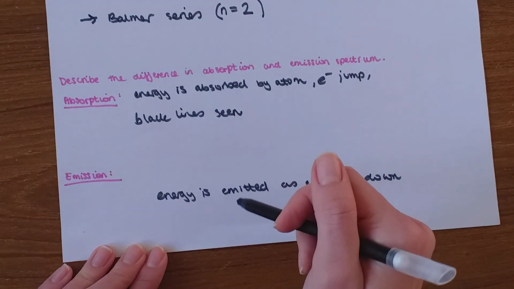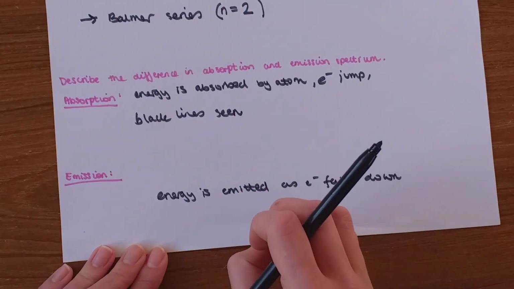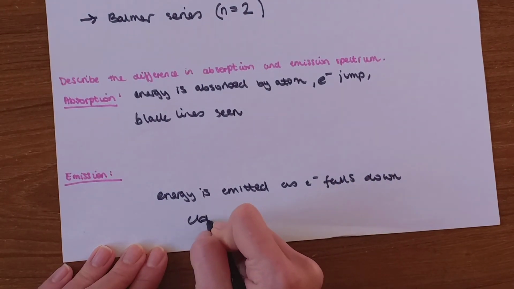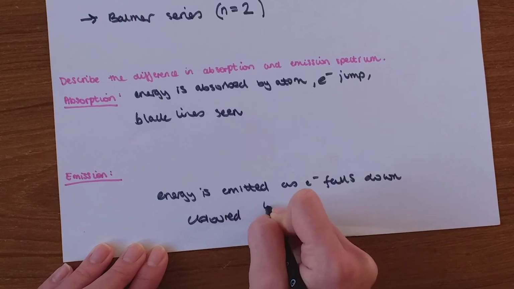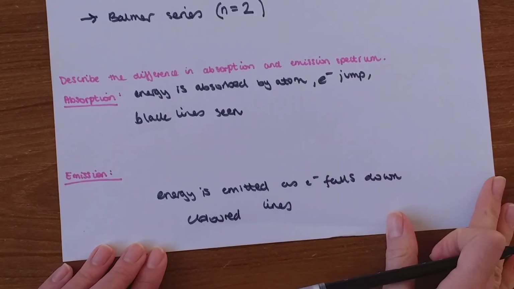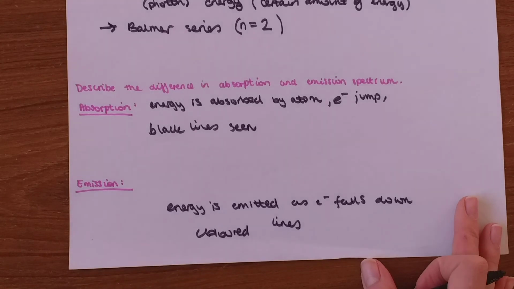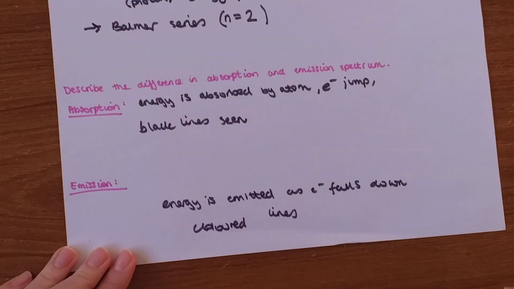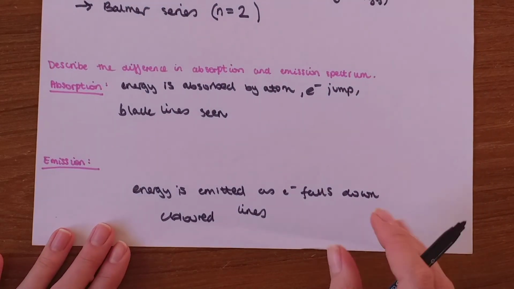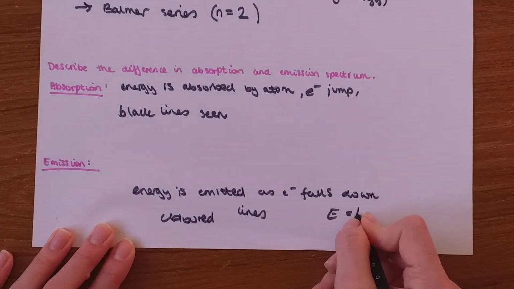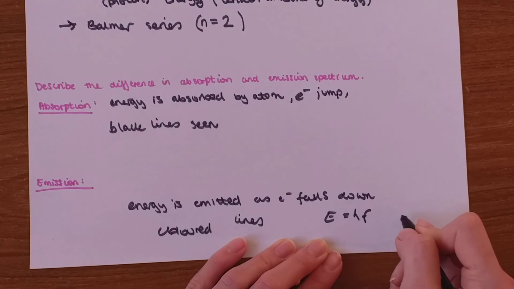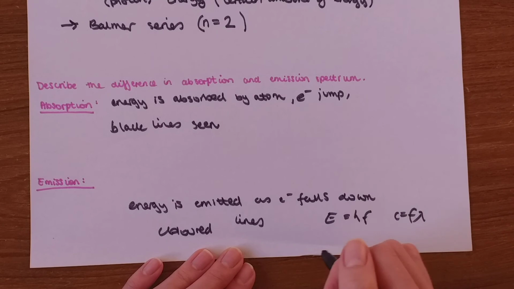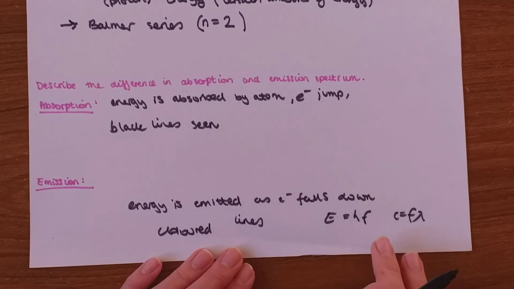We've got a black spectrum, and the places where the energy is released by the electron will have colored lines. All of the lines are at certain wavelengths and certain frequencies, which are related to the energy. That's why these two equations are very important in this unit, because they show us how we relate frequency, wavelength, and energy.